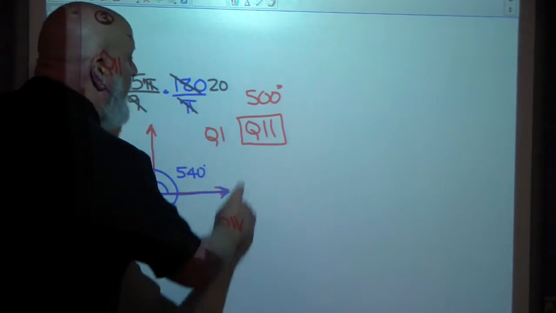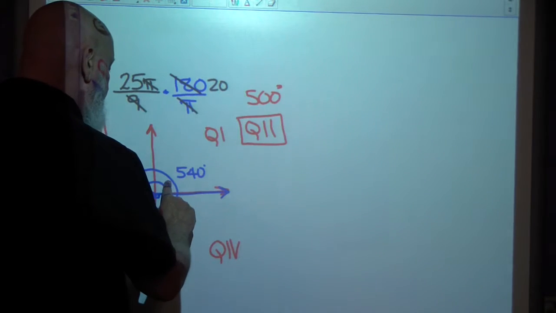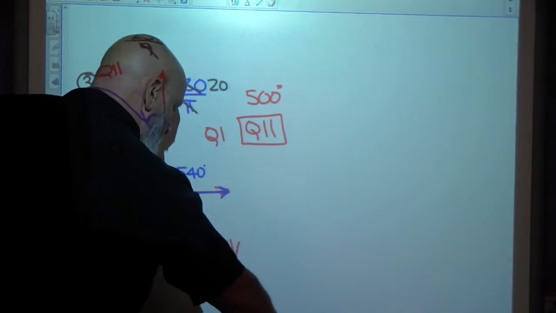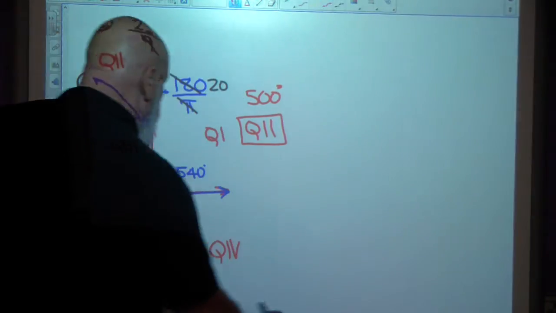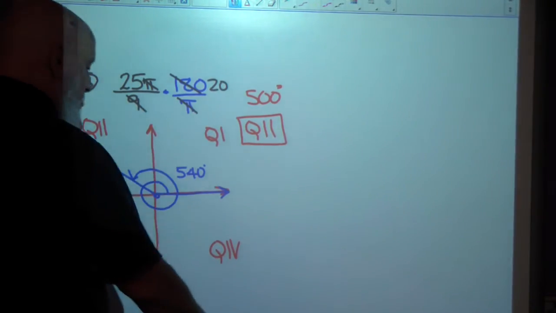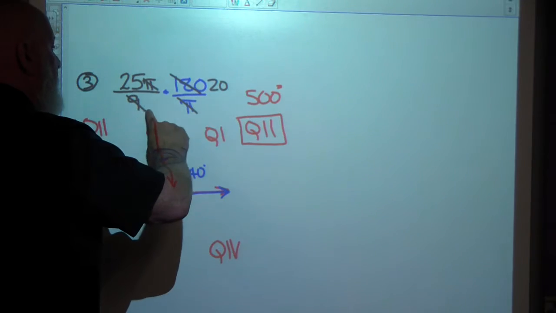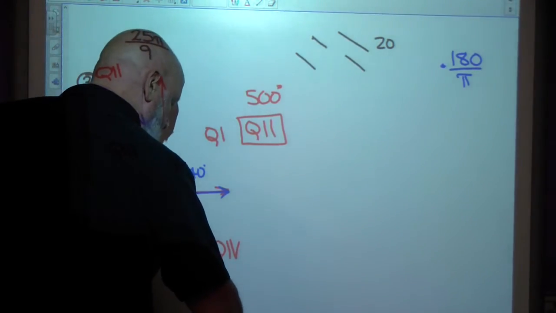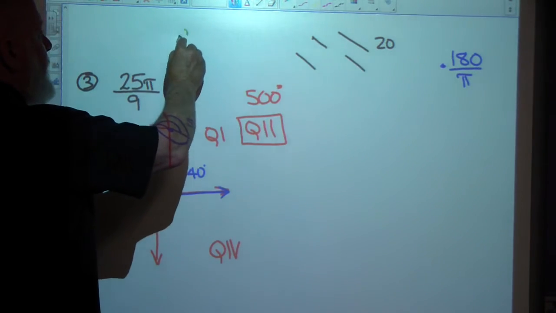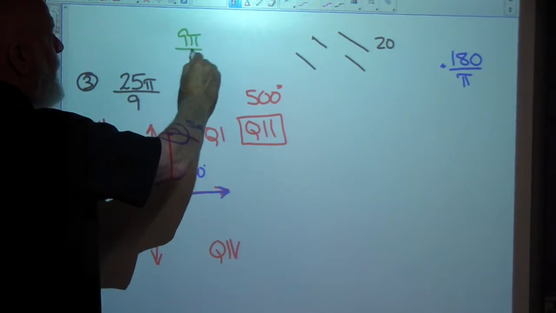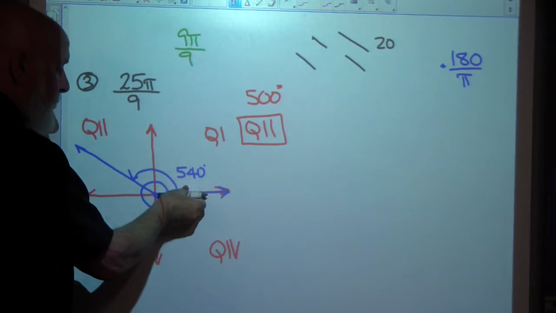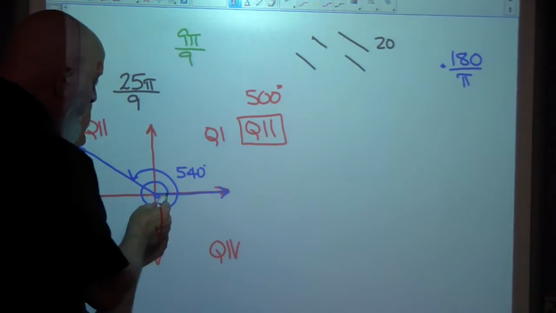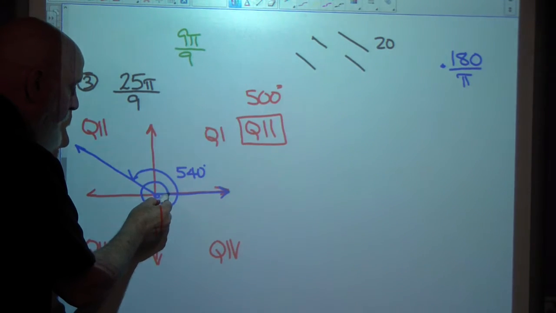And if you just wanted to count by pi's over 9, you can just go like this. Remember that 9 pi over 9 is pi radians, and pi radians is 180 degrees. So I'm going to count in terms of pi's over 9 again. And here we go, 9 pi over 9.